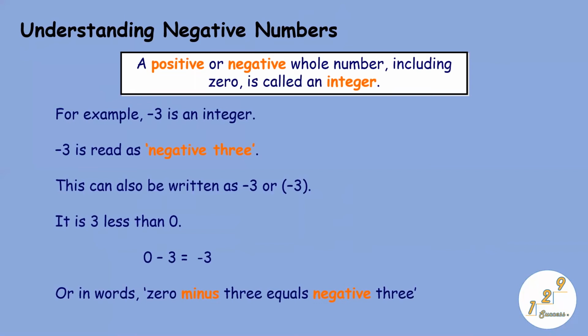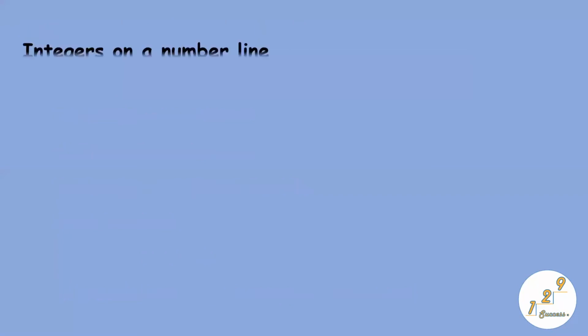Now, this can also be written with a bracket around it, and you might see some questions that write it this way. And this means that we are 3 less than 0, which is why we say negative 3. Or in words, we could say 0 minus 3 equals negative 3.